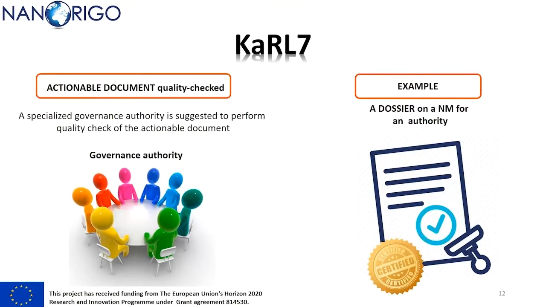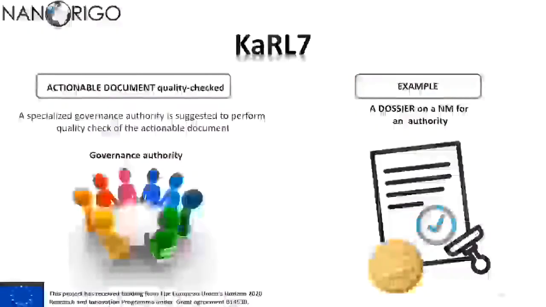Previously, we talked about KaRL 6 representing an actionable document for individual stakeholders, which means that such an actionable document is designed for small scale. However, if we intend to produce actionable documents for large scale, for policy, for decision making, regulatory purposes, then we suggest a KaRL 7.